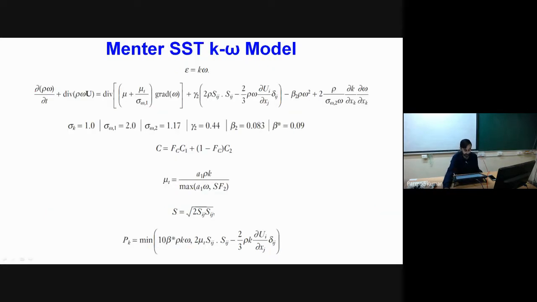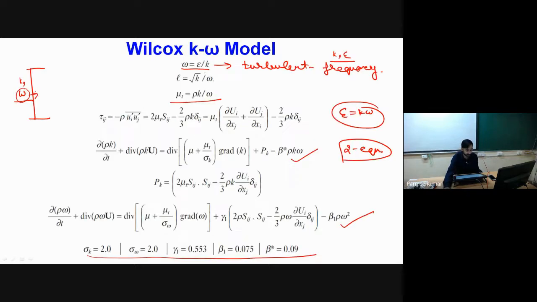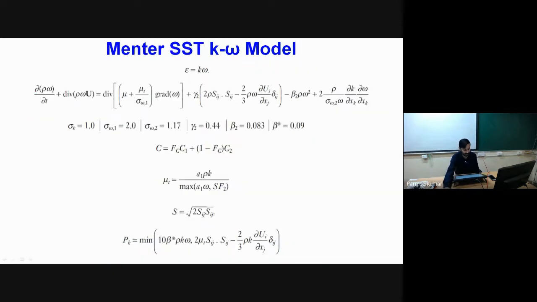Due to this nature of the Wilcox K omega model, Menter used some smoothing function in order to make it more stable. This is the modified omega equation from Menter's model, and these are the coefficients involved. In his model, instead of having a sudden jump in the value of omega, they have used a smooth transition.